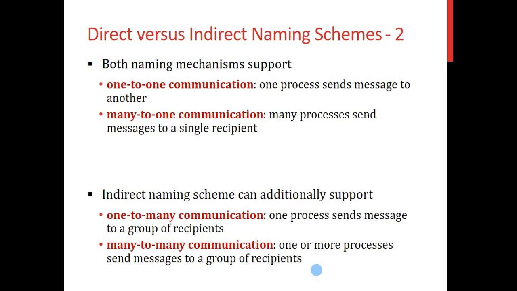In both cases, we support one-to-one and many-to-one. In indirect, you also support one-to-many and many-to-many, because many tasks can write to a common mailbox, and many other tasks can also read from this common mailbox.